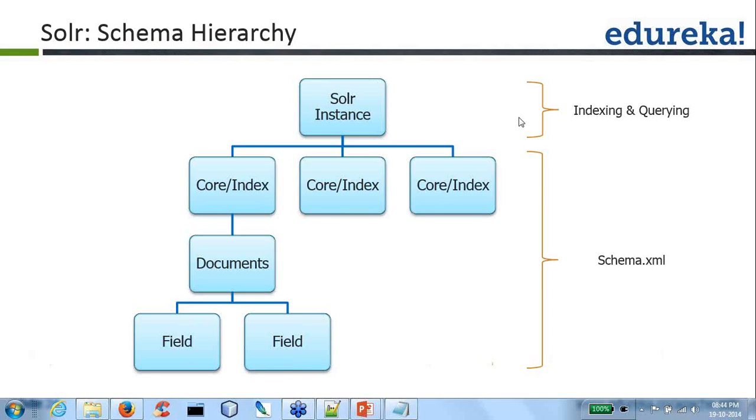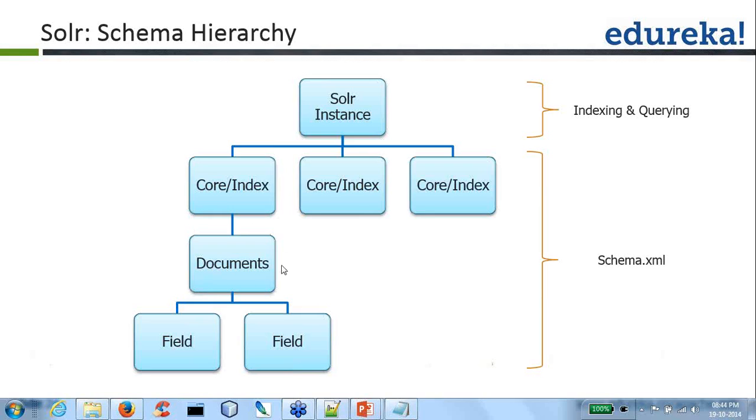So one server can have multiple cores or multiple indexes, right? So this could be an HR department index, this could be a finance department index, and the third one could be something like an IT department index, for different applications or for the same application as well. Just to create that different categorization, you can also run different indexes or cores on different Solr instances or on the same instance as well.